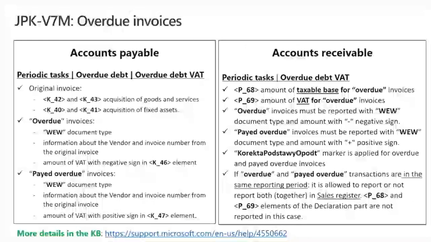For both sides, accounts payable and accounts receivable, you do not need to do any additional setup or markers. You should use just the Polish local feature overdue debt VAT. As soon as the feature was used, meaning that an invoice was processed through the specific overdue debt VAT journal, the system will be able to figure out that this is an overdue or paid overdue invoice and report it appropriately in the JPK V7M report.